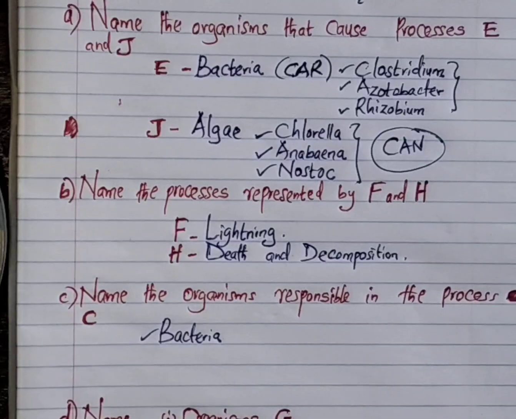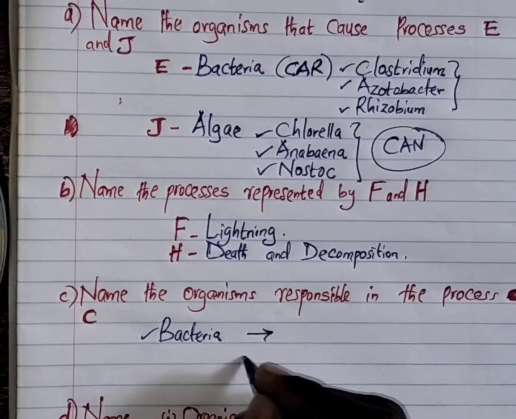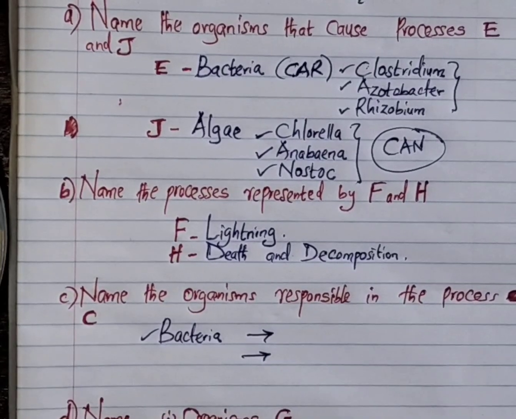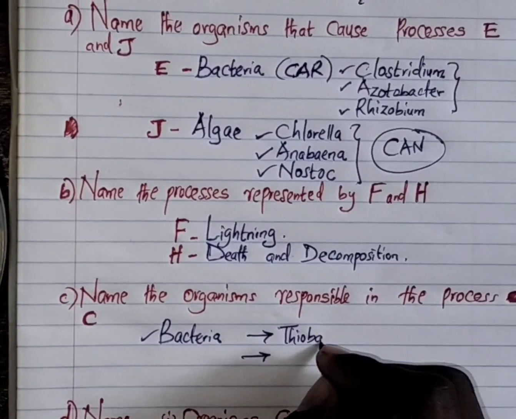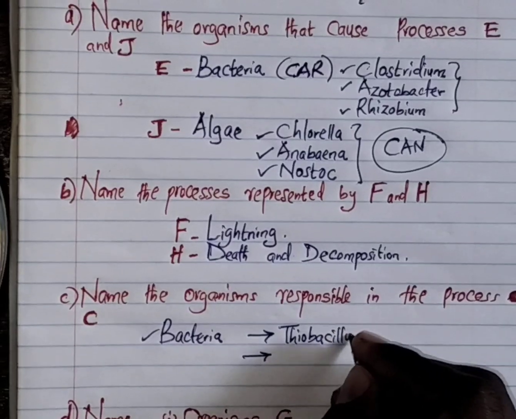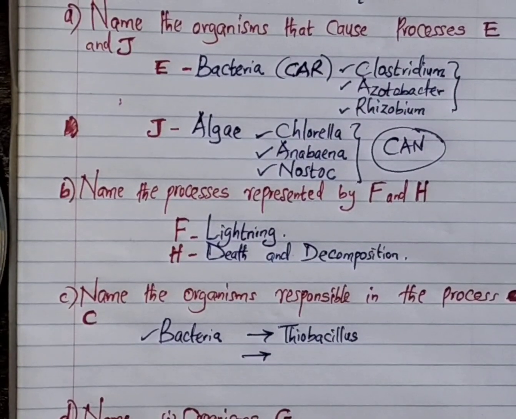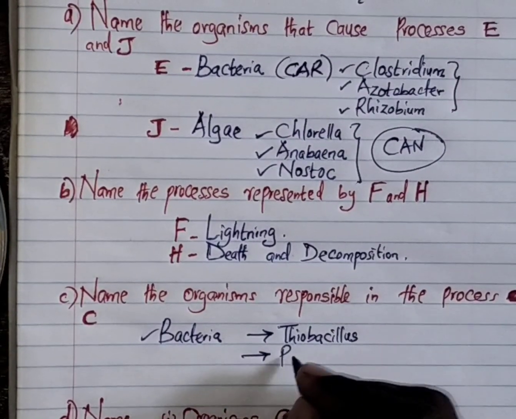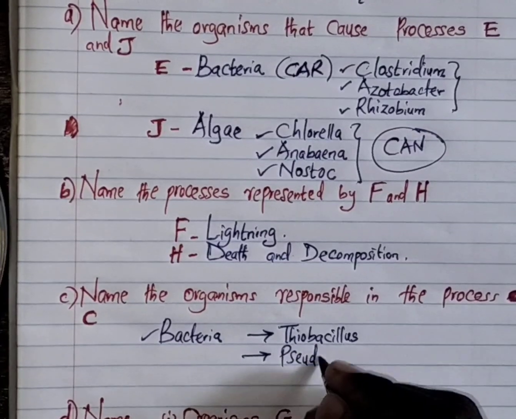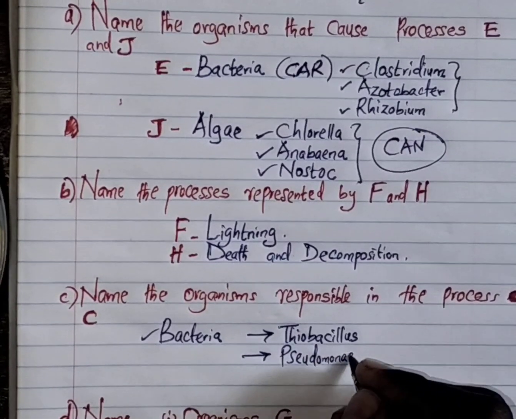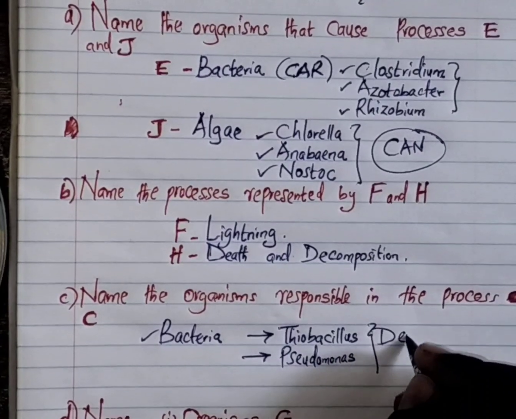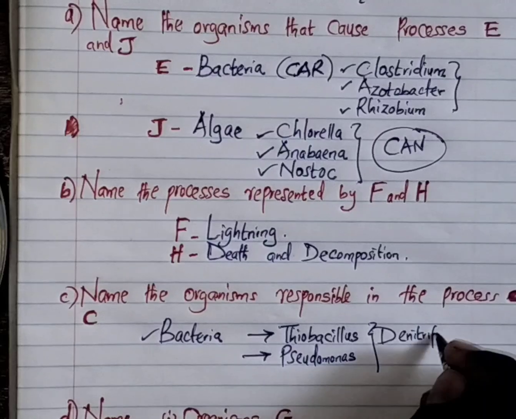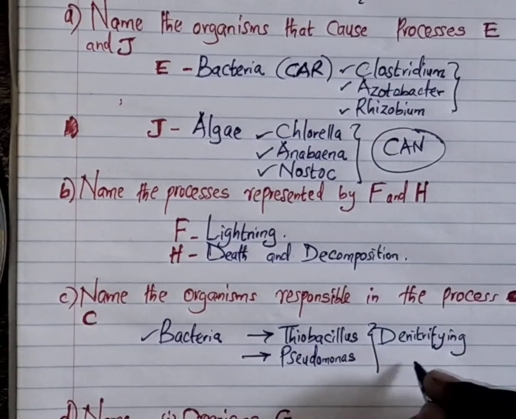We have two bacteria that do that work. The first one is Thiobacillus. And the other one is Pseudomonas. These are what we call denitrifying bacteria.